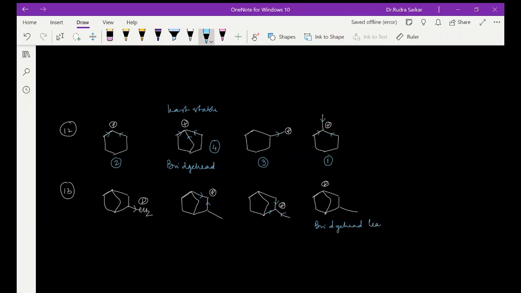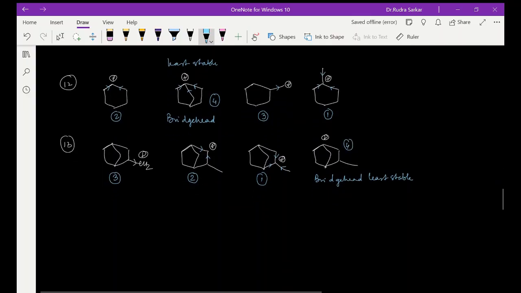So we will say this is the most stable, followed by this one, followed by that one, and the least stable obviously is the last one.